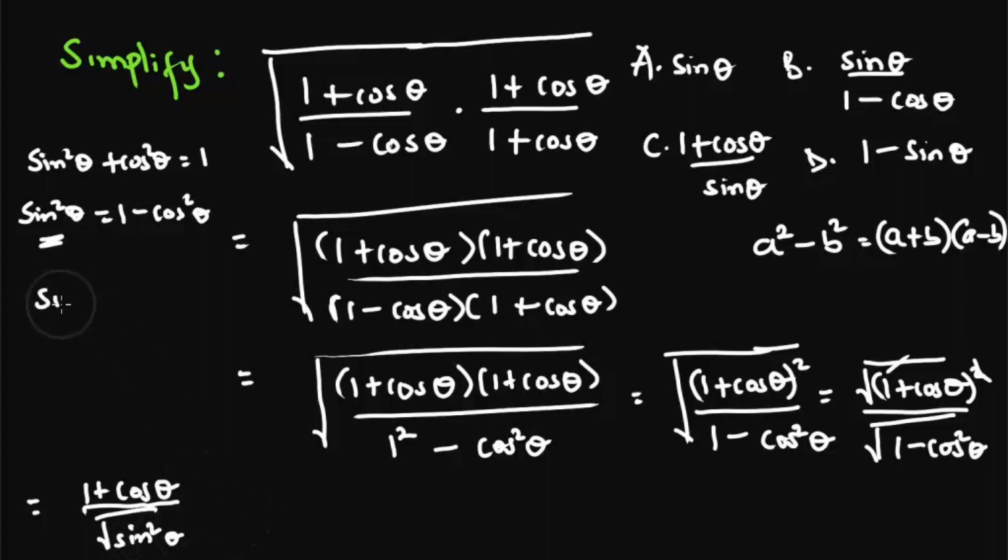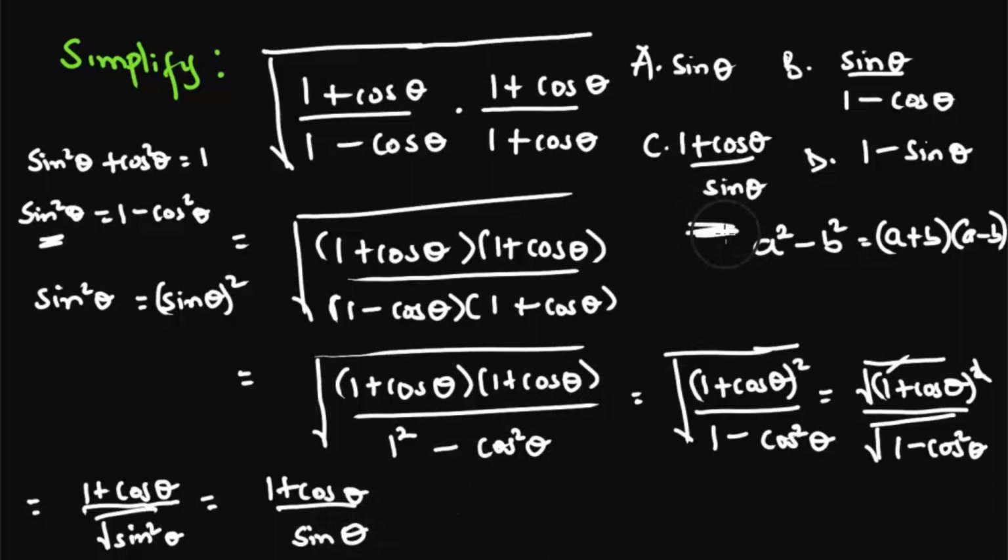Sin squared theta simply means sin theta all squared, so the square root cancels out the square. So this equals 1 plus cos theta divided by sin theta, which is our option C.